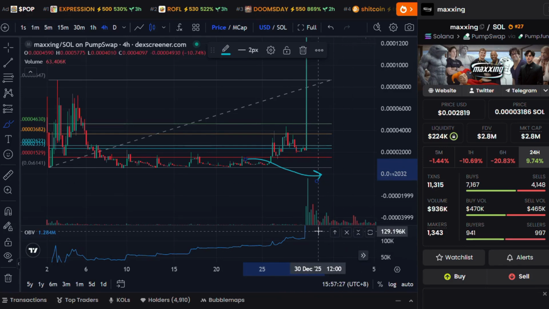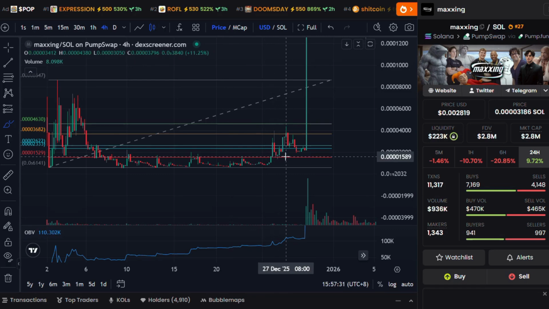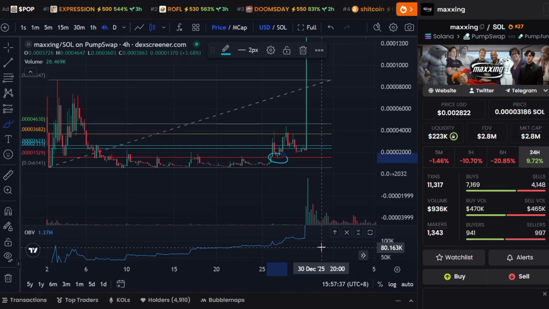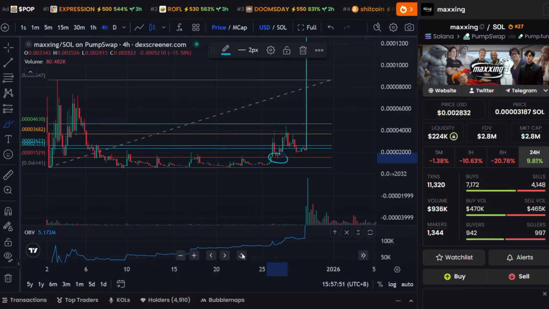Instead of continuing lower, price begins reclaiming the level. And when that happens, it creates one of the most powerful setups in meme coin trading. This is known as the 0.886 recovery setup.